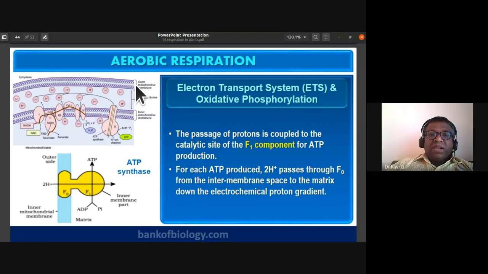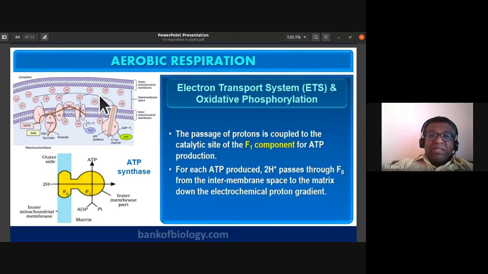You can notice that in between the outer and inner mitochondrial membrane, there is the intermembrane space. So for each ATP that is produced, two protons pass through the F naught from the intermembrane space to the matrix, down the electrochemical proton gradient.